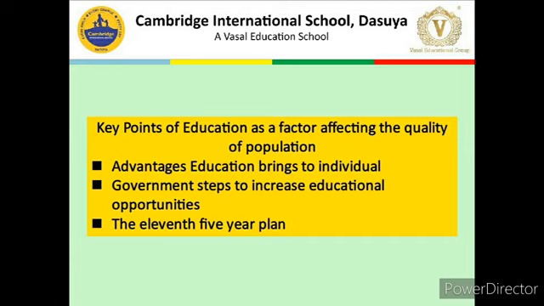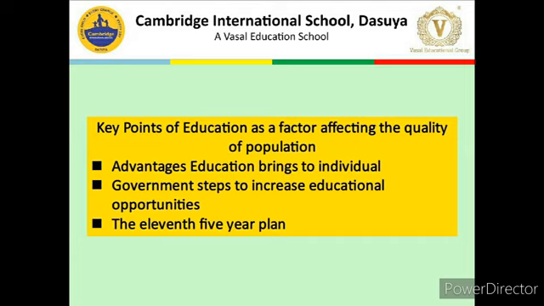Education contributes towards national income and even increases the efficiency of governance. After advantages, we learnt about the steps taken by the Government of India, which include the establishment of Navodaya Vidyalaya and other good institutions in various parts of the country.